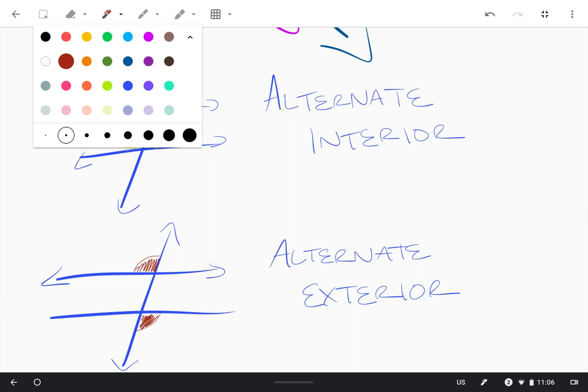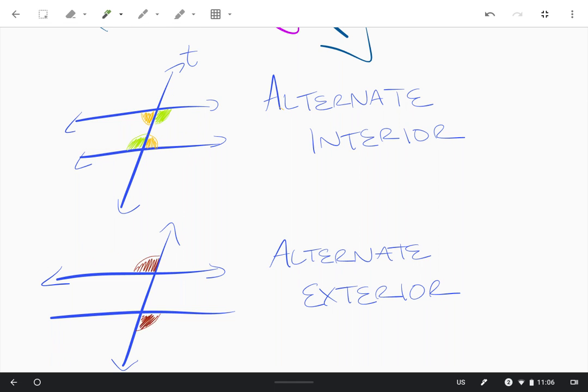Similarly, this angle and this angle would be an example of an alternate exterior pair. So again, alternate refers to being on different sides, interior or exterior. Okay, let's go on to the next set.